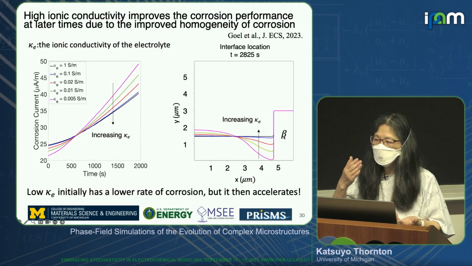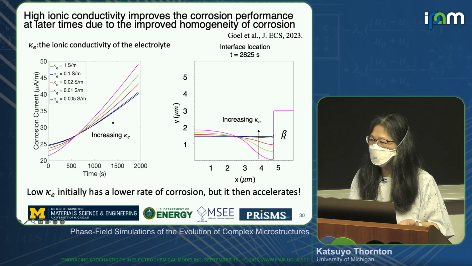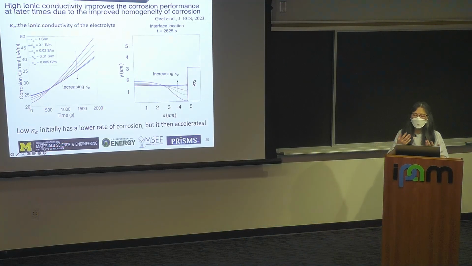So there's more surface area of beta phase exposed with time. Eventually this microgalvanic effect and a larger surface of beta phase are going to take over. That's where this crossover happens, and this one keeps going up because you have more beta phase exposed.